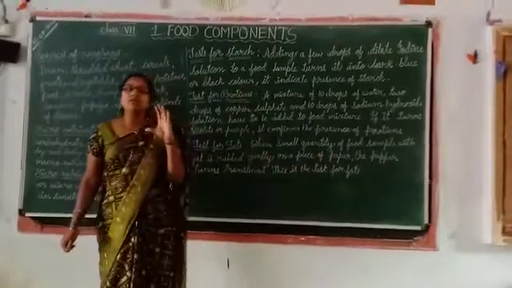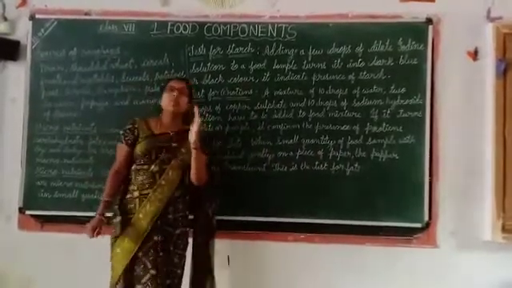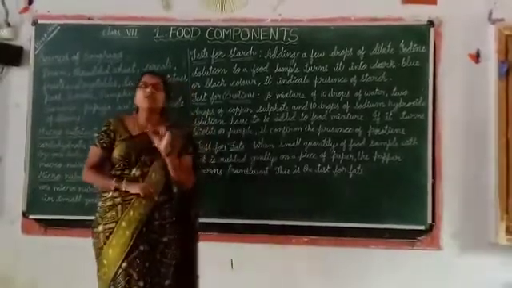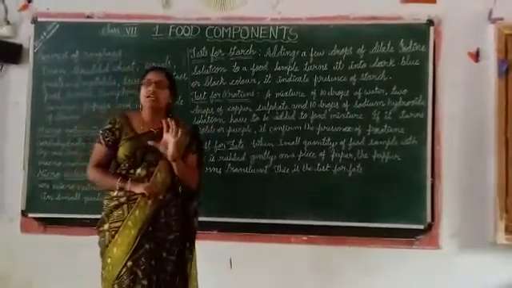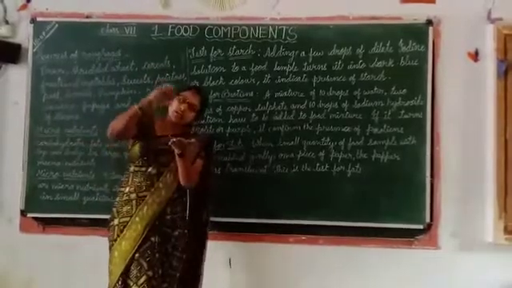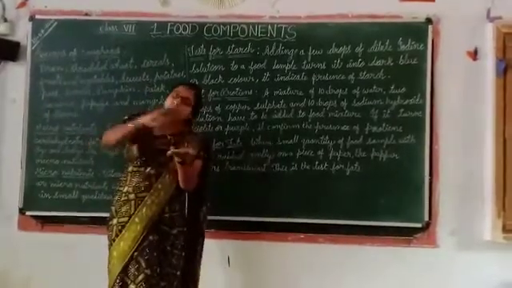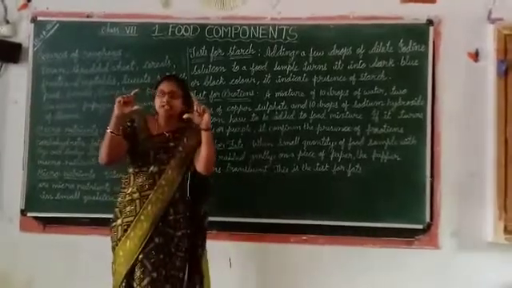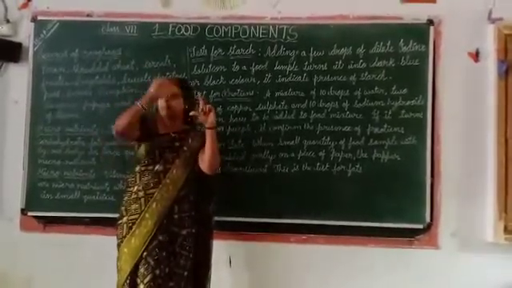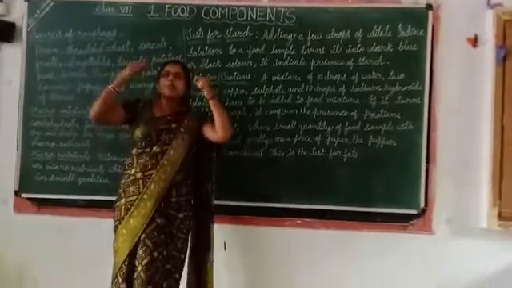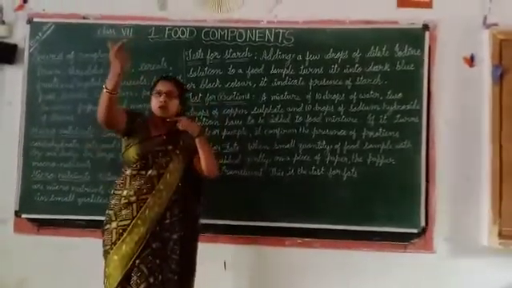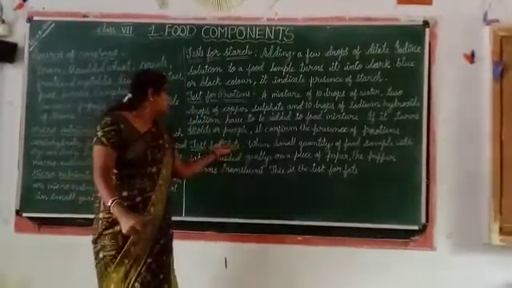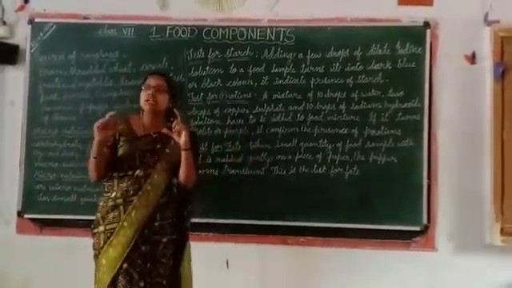For example, if you take one white sheet of paper, children, and a few drops of oil, drop that oil onto the paper and rub it with your hand. You can see that the paper becomes transparent. You can see the oil on that paper. If you hold it up to your eyes, you can see through to the other side also. So by this you can confirm that the food item has fats.